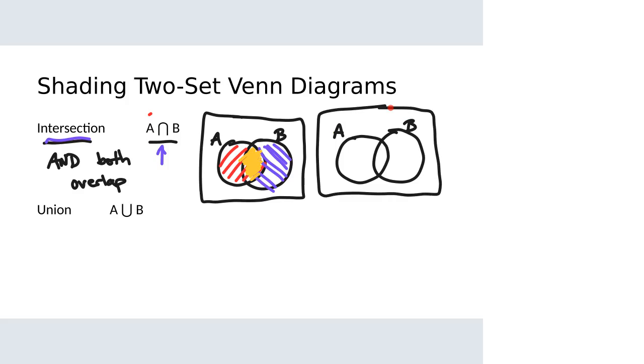And what we end up with is just this shaded. And that would be A intersect B. It's just region 2. That's it. The only region shaded for A intersect B is region 2. Let me know if you have questions on that before we look at union.